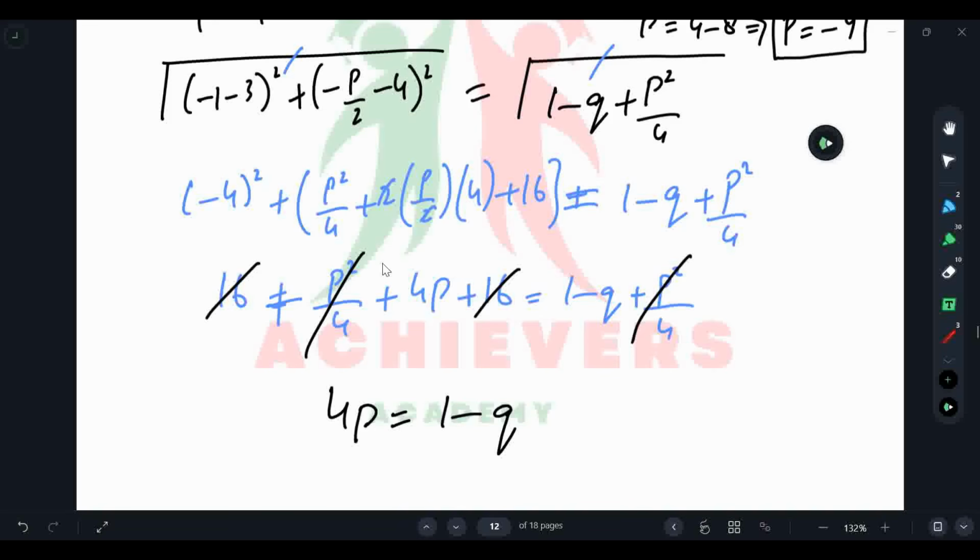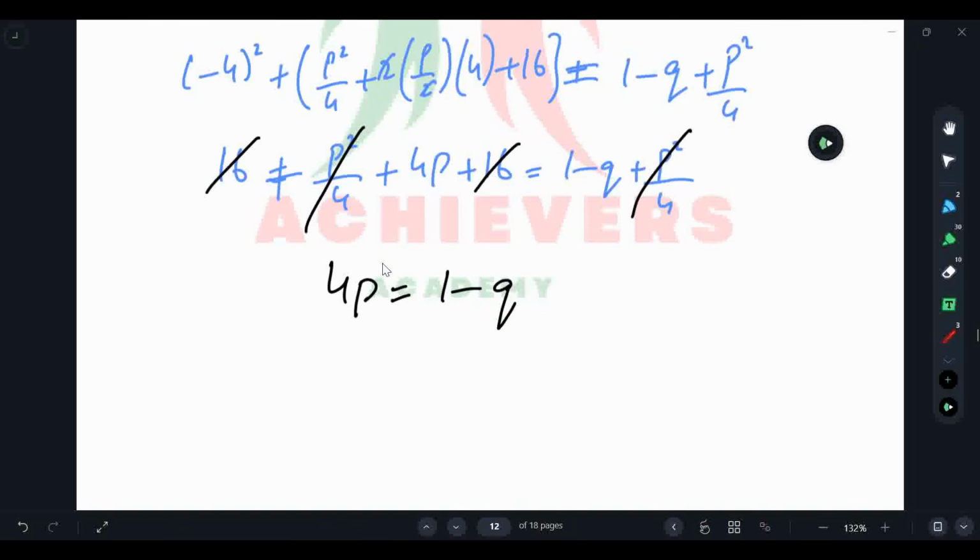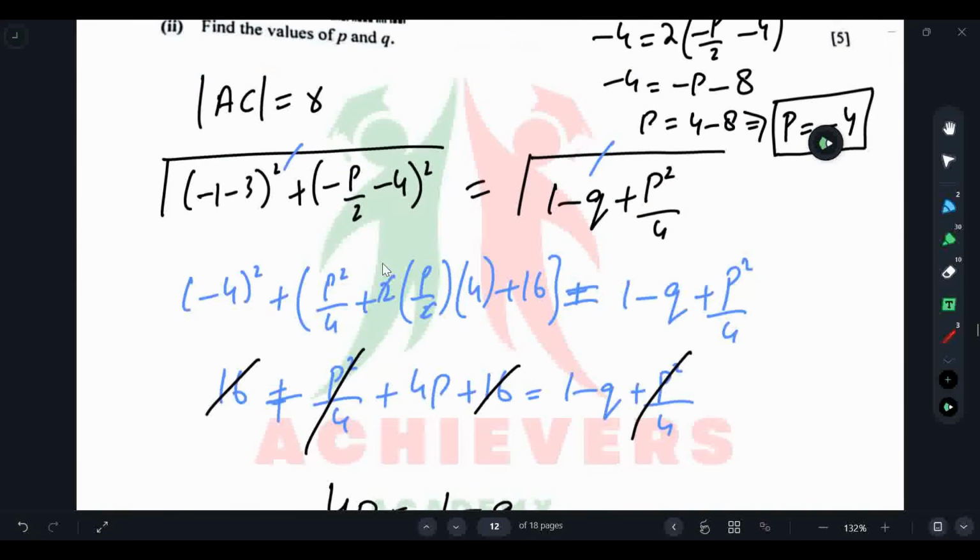Now from here what we can do is, how we can find out the value of p? From here we can see that q will be equals to 1 minus 4p. So q is equals to 1 minus 4 into p is minus 4.